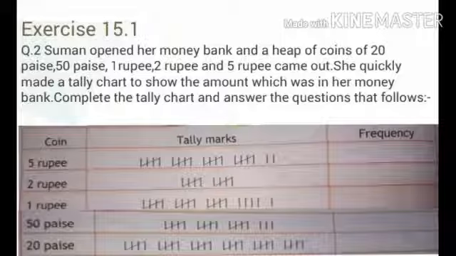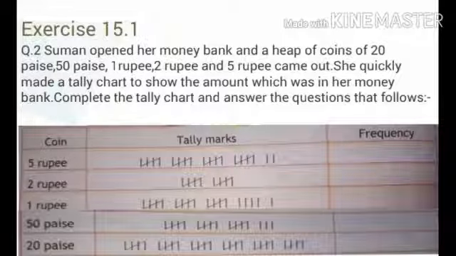So she had a money bank and from there these coins came out. She quickly made a tally chart to show the amount which was in her money bank. Complete the tally chart and answer the questions that follow.